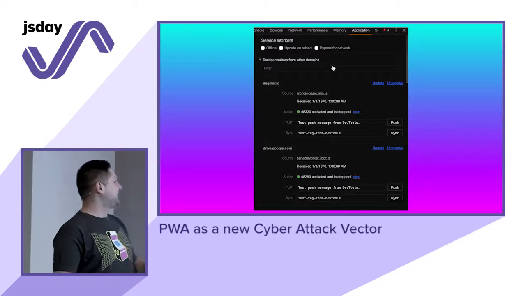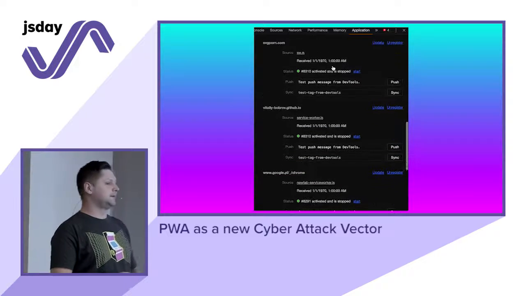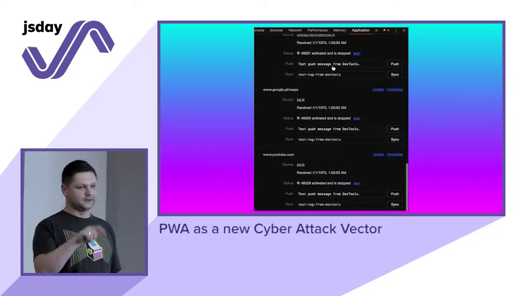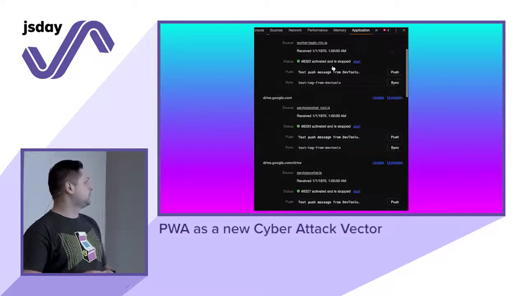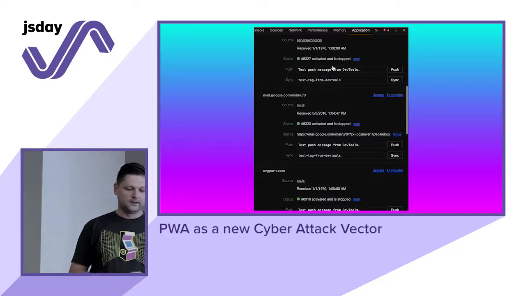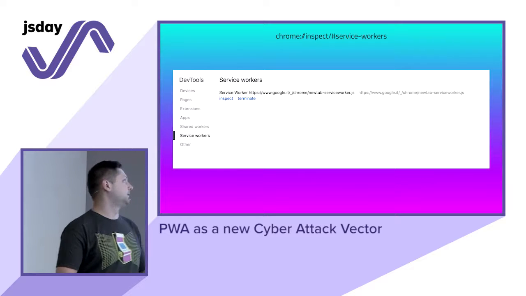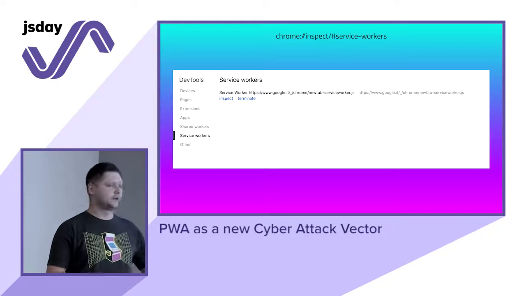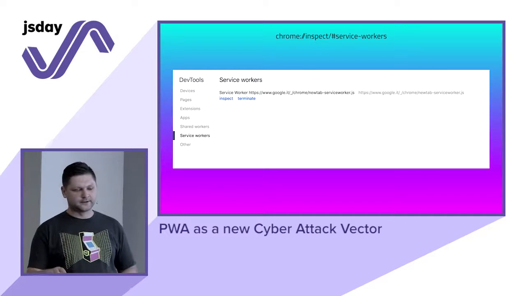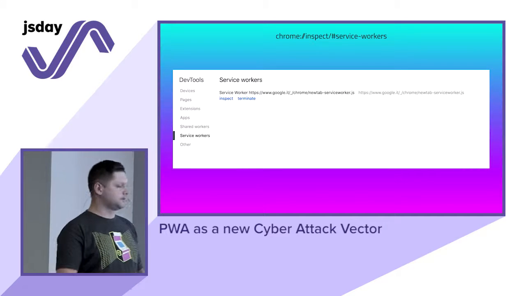And I have a bunch of service workers registered for me from Google Drive, Gmail, Google Maps, whatever. It was many more. You can see them in Chrome DevTools on the Application tab, and you can show service workers from other origins. Another way to inspect service workers is the Inspect service workers tab. Here you can see the current service worker, you can see the process, inspect it, and so on.